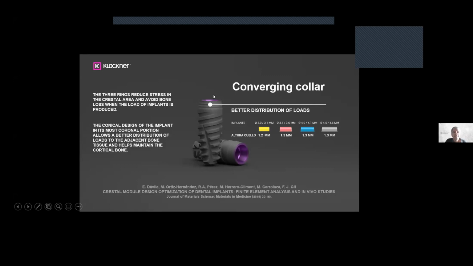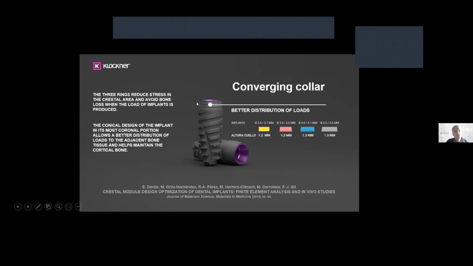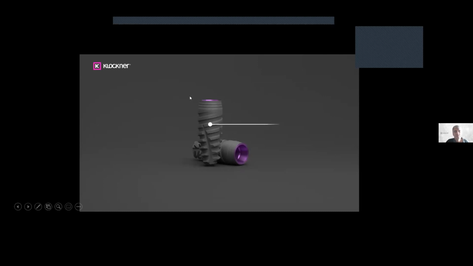This is stated in the literature that lets bone heal better around the implant and reduces the stress on this part. Also, these horizontal lines or rings are made for the stabilization of the collagen fibers. So this is designed to stabilize and maintain the cortical bone.